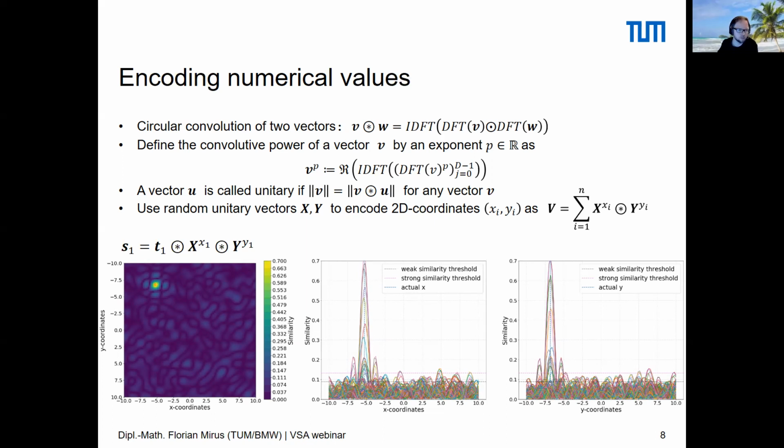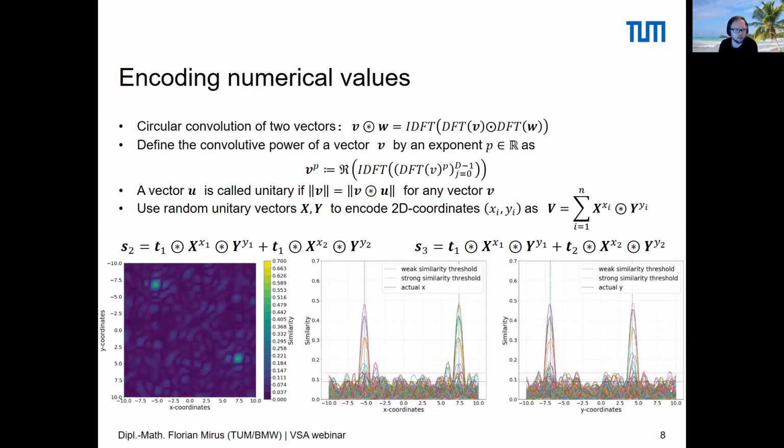So this is one vector simply encoding one object of type T1 at position x1 and y1. And this is an example where we encode two objects of the same type at different locations. And we can already see that the similarity in those right-hand plots compared to one object decreases a little bit.